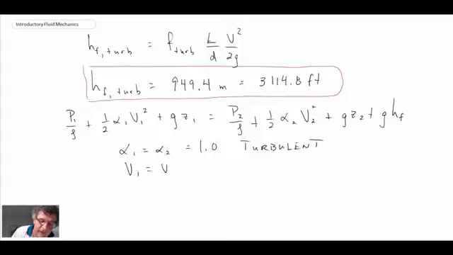V1, we have fully developed flow, so V1 is equal to V2 equals 7 meters per second. That's not changing. They didn't tell us anything about elevation change, so let's assume Z1 is equal to Z2. And with that, what we get is this equation, and this term goes with that term.